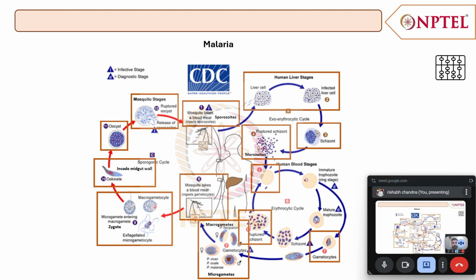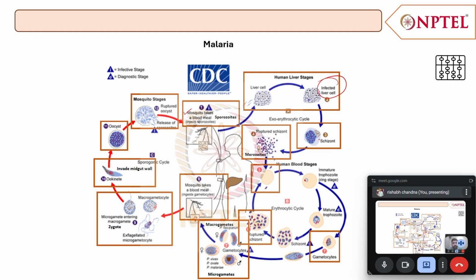Starting with the infective stage, the mosquito takes a blood meal and injects the sporozoites into the human. Now these sporozoites travel through blood to the liver cell and start exponentially increasing inside the infected liver cell.